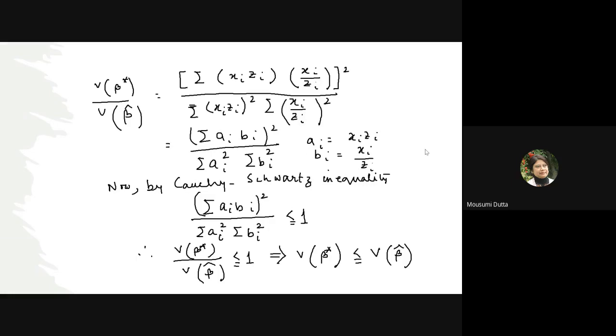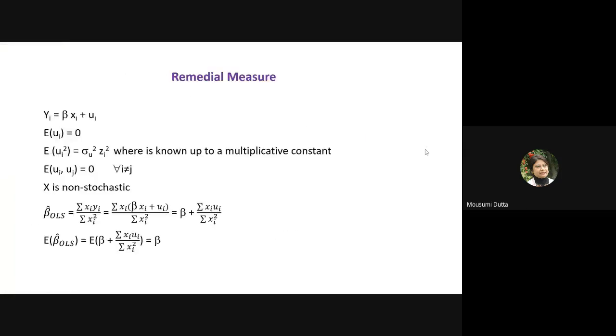However, the WLS method has some limitations. As I mentioned, we should know Zi square, or sigma i square, up to a multiplicative constant. Sometimes we have no knowledge about this multiplicative constant.